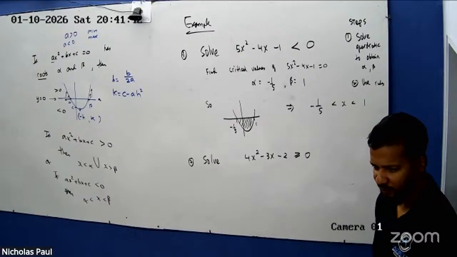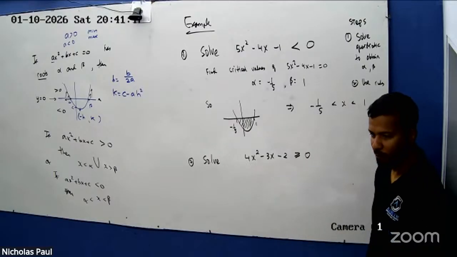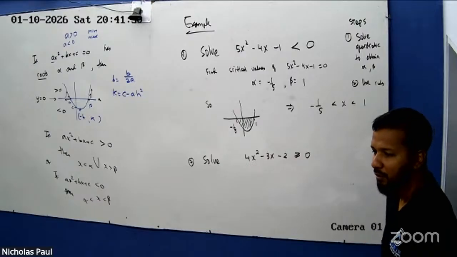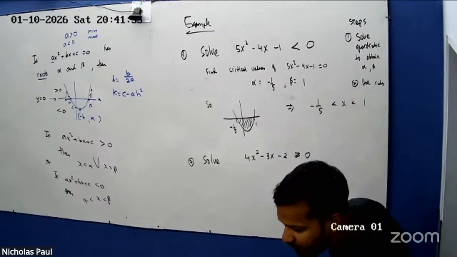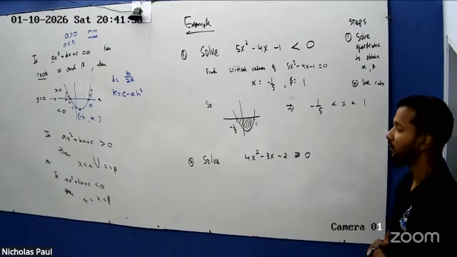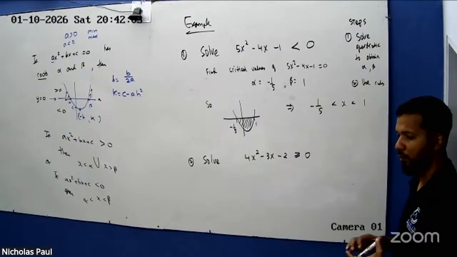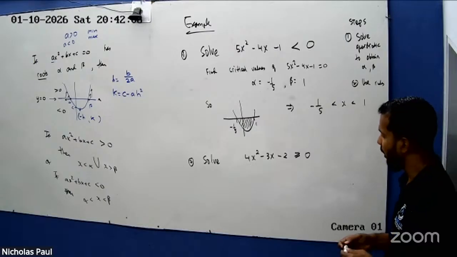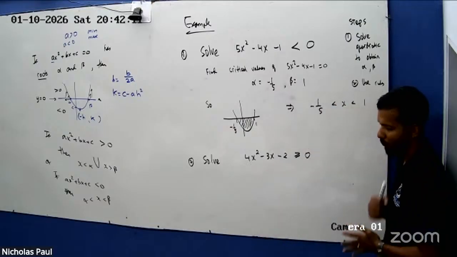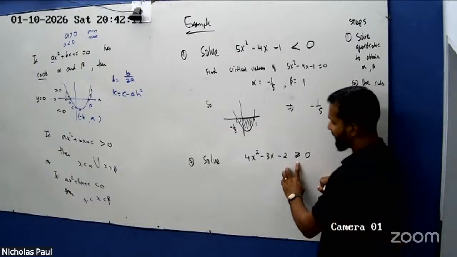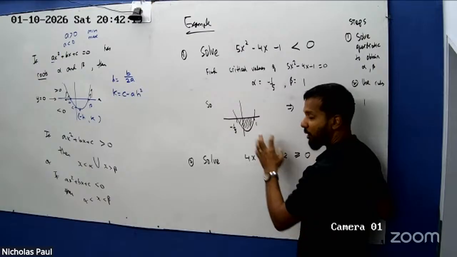Just round it off to one decimal place and make it look nice. Just press SD. One decimal place. Remember this is more than, so shade up here. You have to shade it. We're using the graphical solution, so you have to shade.